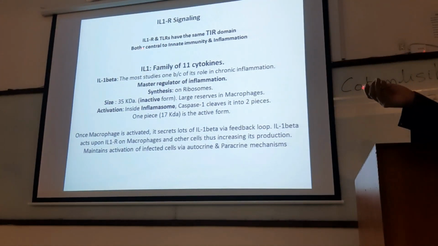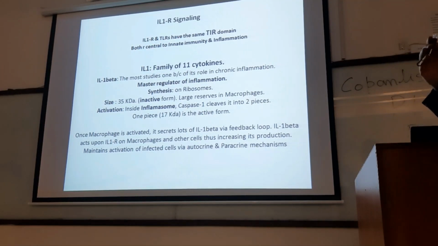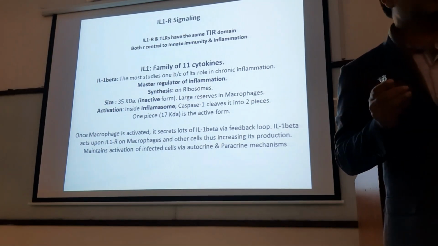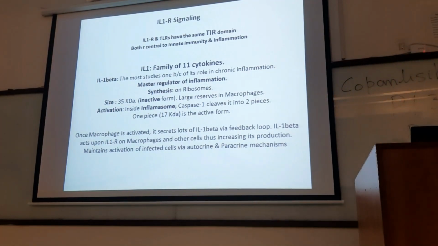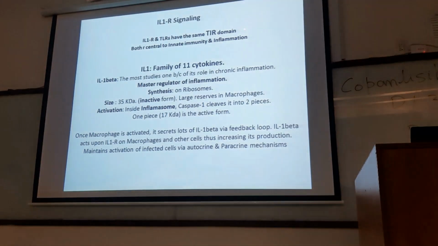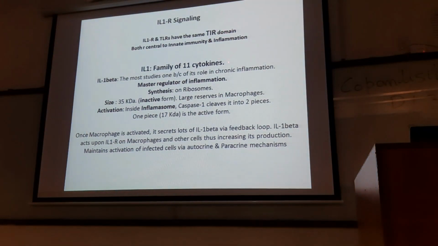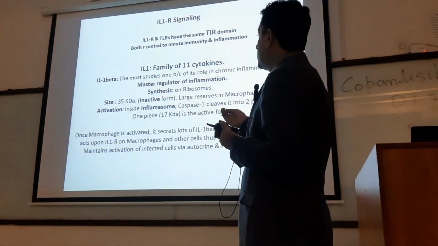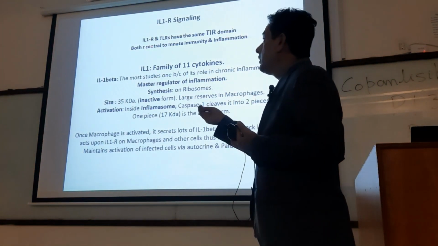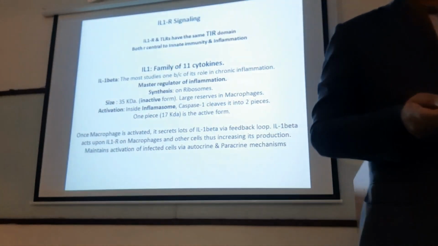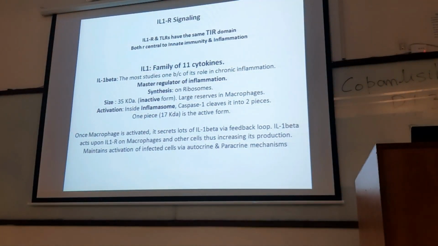Okay? So this kind of signaling is central to the innate immunity and inflammation, because the innate immune response in the form of this inflammation, which is the goal of the innate immune system, to induce the state of inflammation, is not possible without interleukin-1R or the toll-like receptors and their signaling.